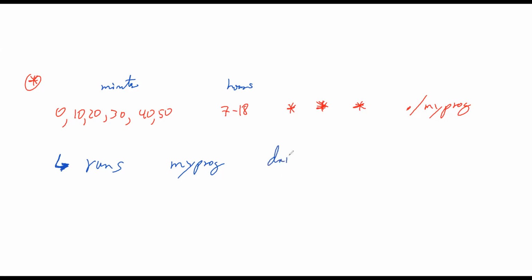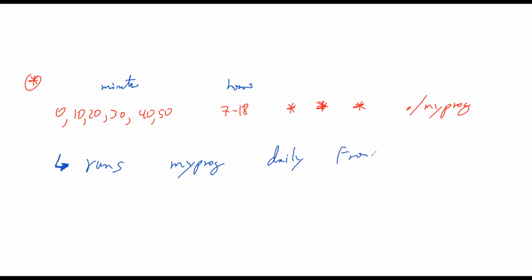Daily. Why daily? Because all days of the week, right? And it's all months and it's all days of the month. So basically we know that. Runs daily. Okay, that's sorted out. And we're going to run on which hours?